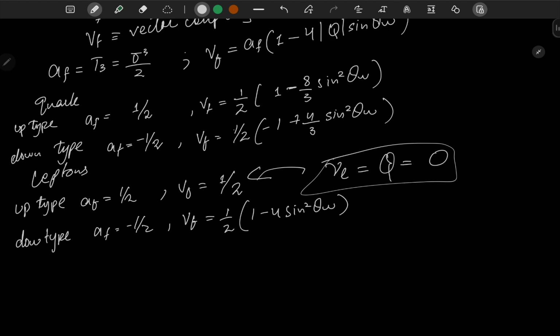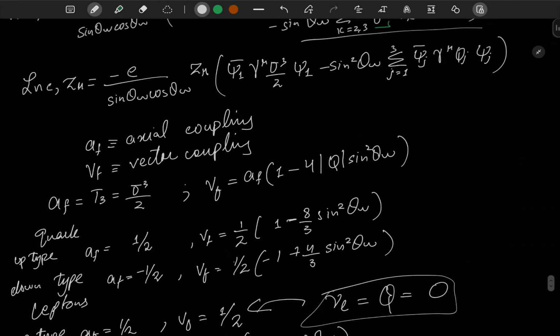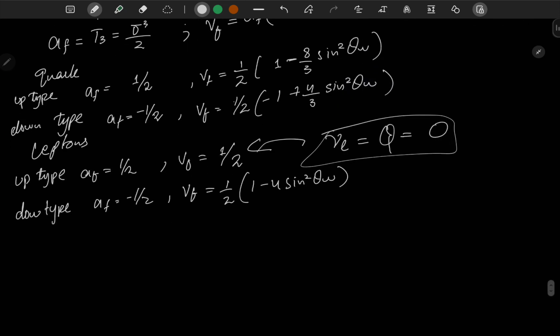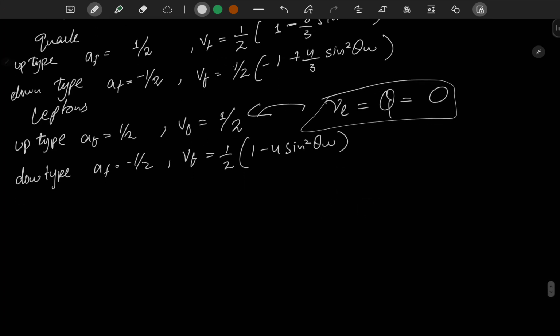So now we can rewrite the neutral current mediated by the Z boson in terms of axial and vector couplings. I'm not going to do the simplification here. I'm just going to write down the result.